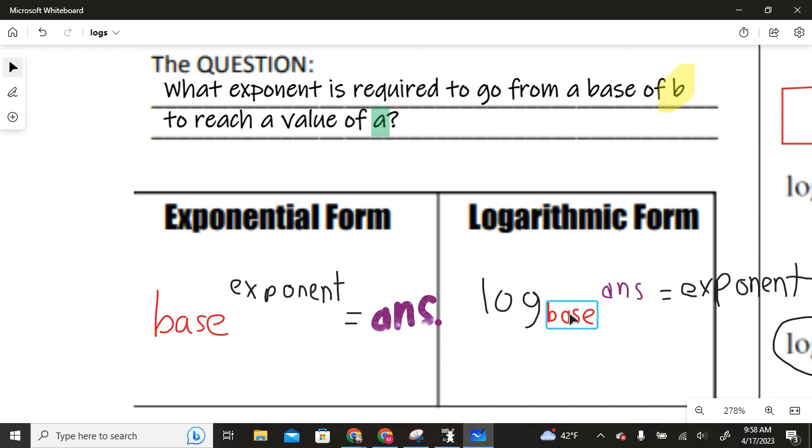We have the base as our small number. In front of it, we have the answer to the exponential. And on the other side, we have the actual exponent as our answer. So you are thinking of what power do we take our base to, to get to this answer?